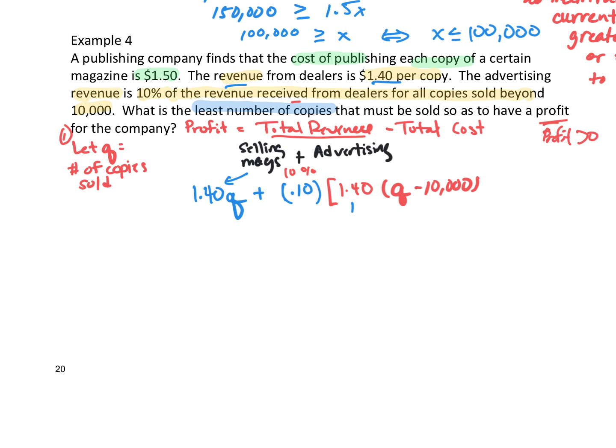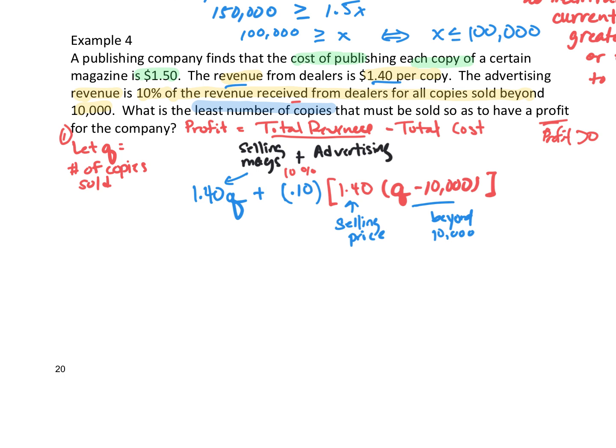Here, this is your cost per the selling price. And this part is your beyond 10,000 copies. You have to sell 10,000 copies before this works. Okay, so that's just revenue.